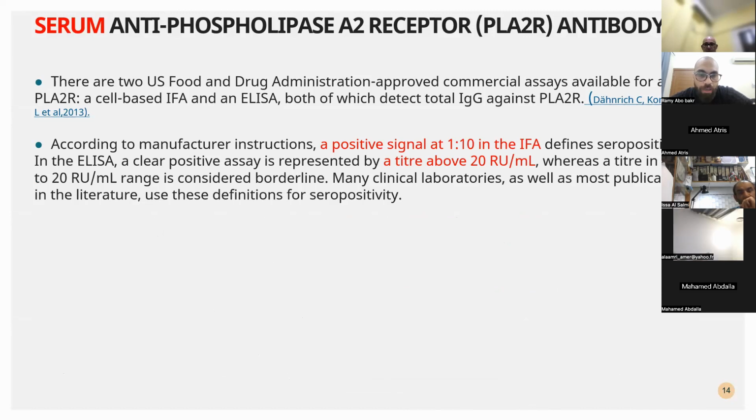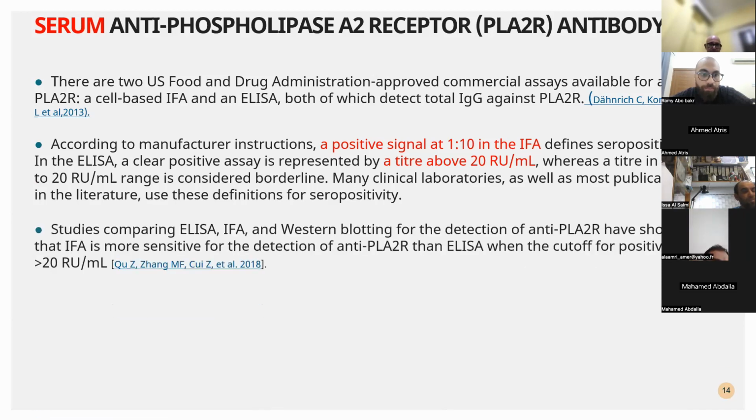For ELISA, it's considered positive if you have a titer above 20 relative units per ml, borderline if the result is from 14 to 20, and negative if below 14. Many clinical laboratories and even publications use this cutoff as seropositive or seronegative.